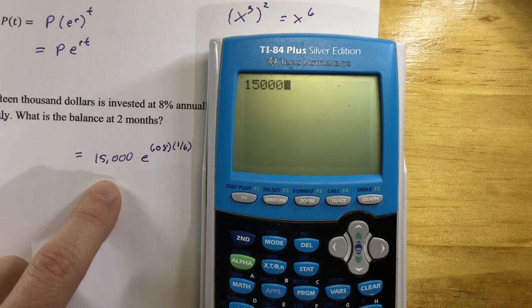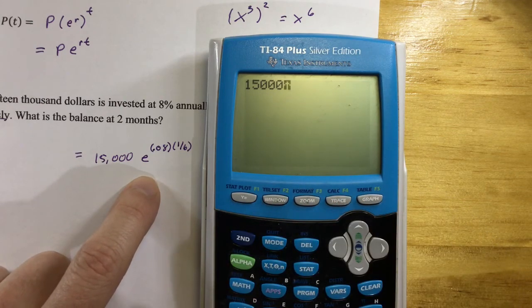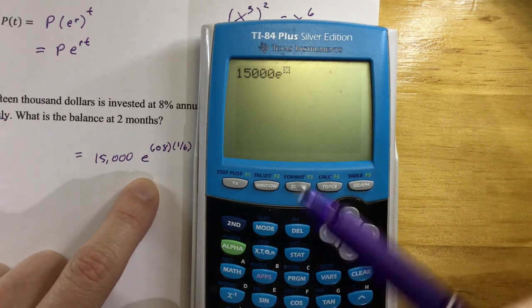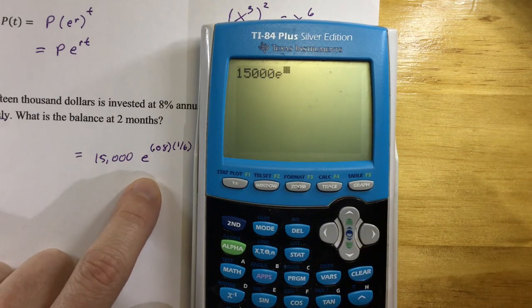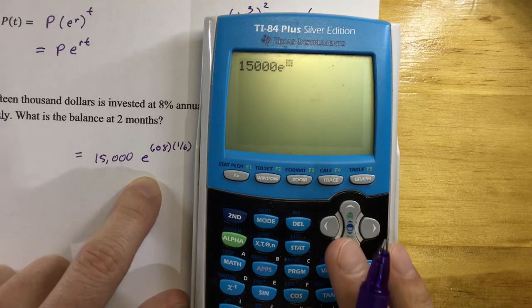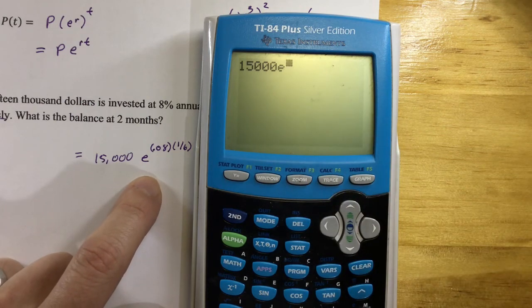So I'm going to take the 15,000, and as mentioned previously, there should be a button on your calculator that allows you to type e to a power. On some calculators, there's a button for e somewhere. You never actually have to type in the 2.718. There's no calculators that you would need to do that, not any calculators that can do exponents as well, I should say.